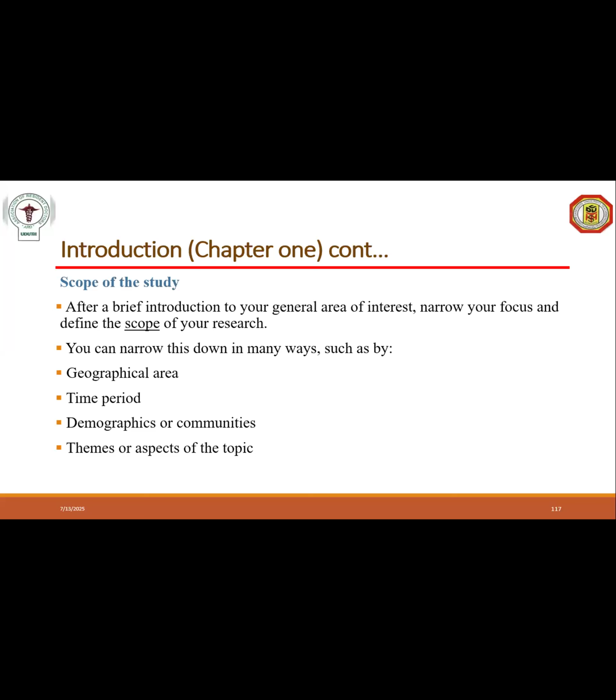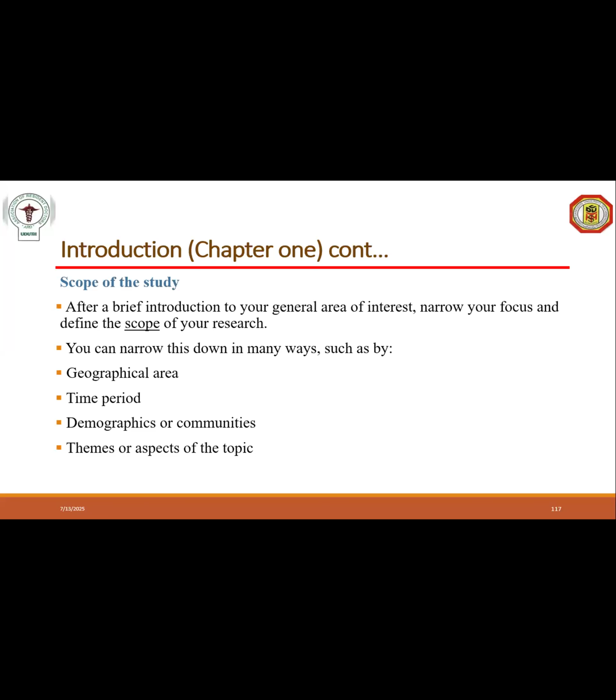So now if you come up with the topic, you cannot cover everything in that topic in your research. So the scope of your study is only the area that you want to cover in your research. That is what you will bring as the scope of your study.